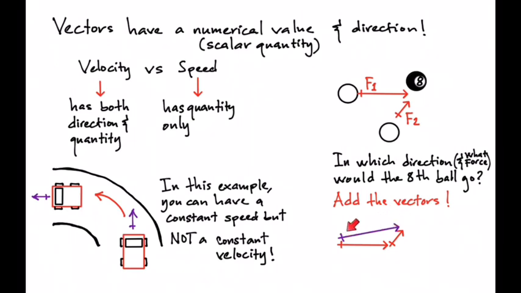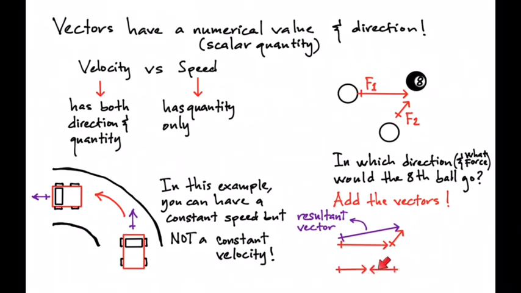So this is the third vector, which is the result of the addition of the two vectors. So it has this specific scalar quantity and direction. So it would be going in this direction. And again, this is known as the resultant vector.